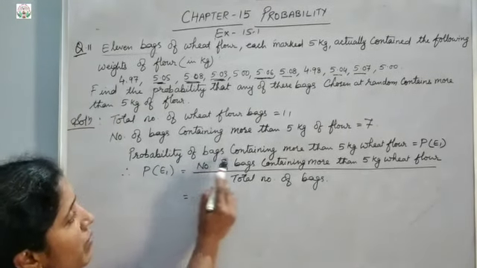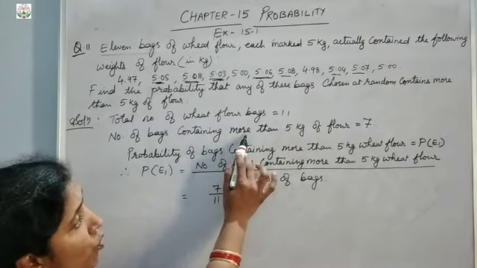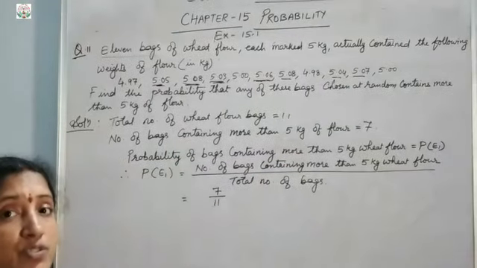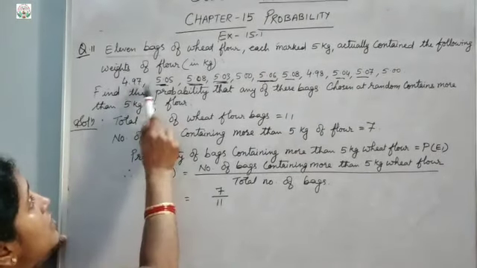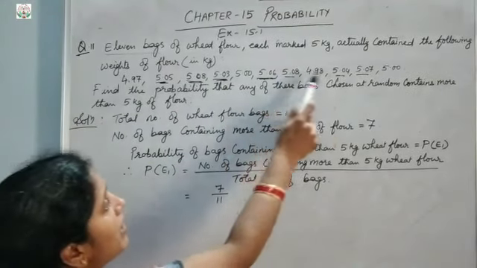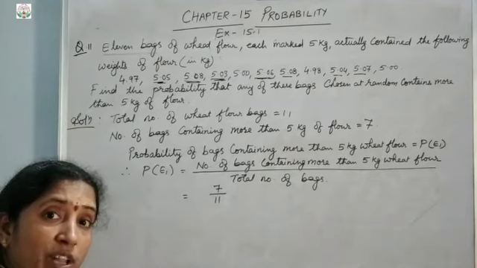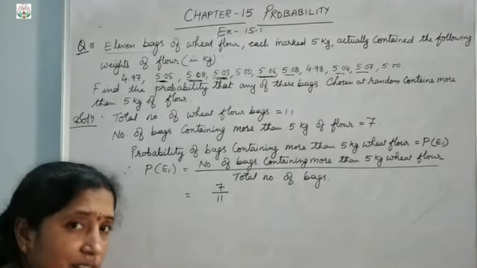Now the number of bags containing more than 5 kg of flour. How many bags? Just now we have counted, that is 1, 2, 3, 4, 5, 6, 7. So total 7 bags are having more than 5 kg weight. Clear?